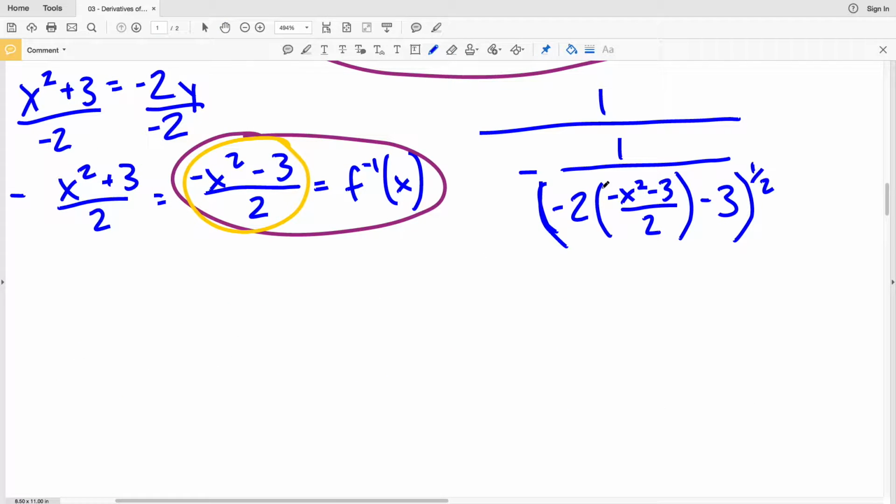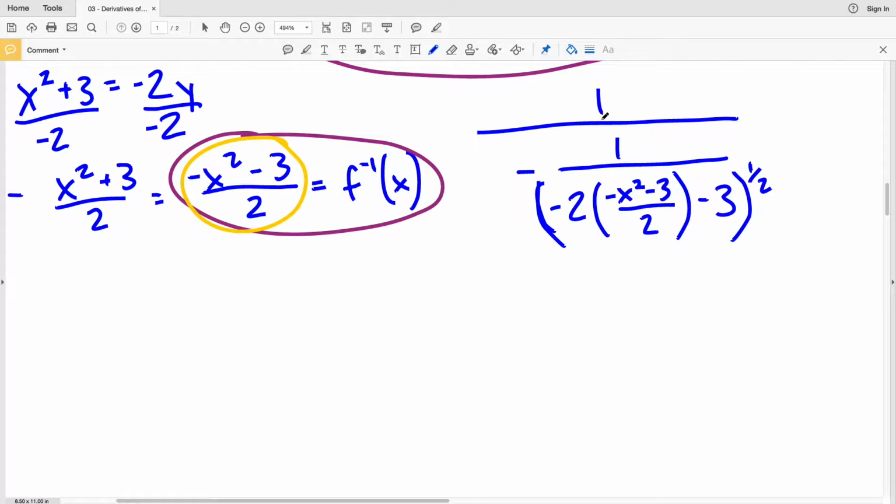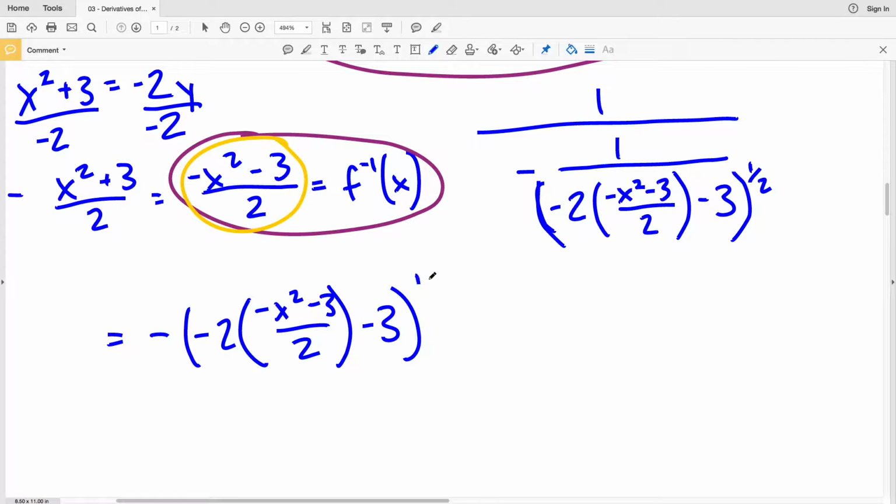Now, in order to make this a little bit easier to read, remember if we have 1 over a fraction, or 1 divided by a fraction, that's 1 times the reciprocal. So I'm going to write 1 times the reciprocal of this, which is equal to the reciprocal. So we have negative 2 times negative x squared minus 3 over 2 minus 3 to the 1/2.